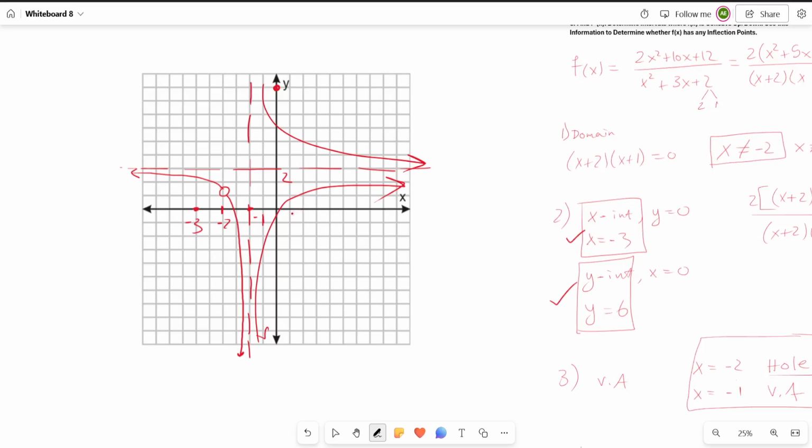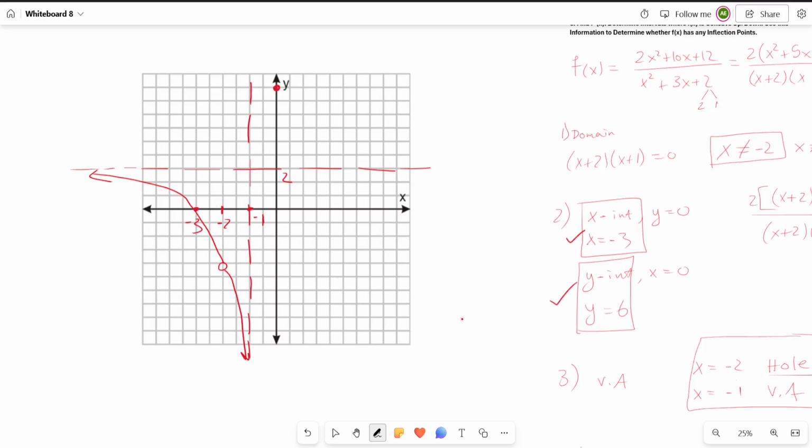Actually, over here we had something. We know that our x-intercept is at -3, so we need to touch our x-axis at -3. So it's going to look something like this, and the hole is going to be here. Then it's going to continue this way. Okay, so this is going to be the left part of our function.